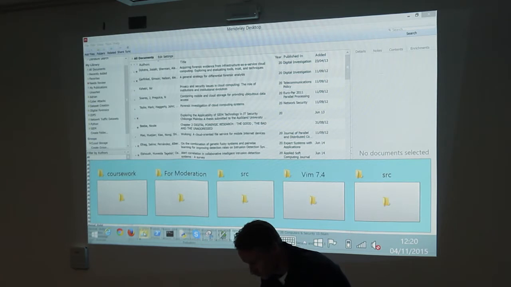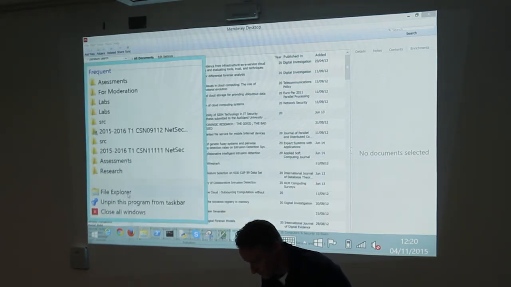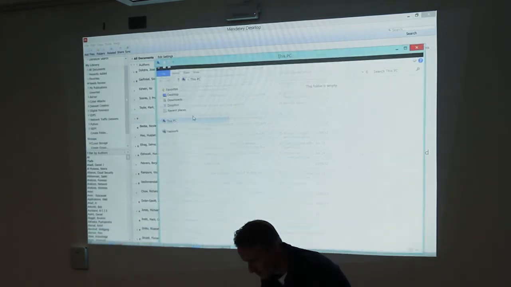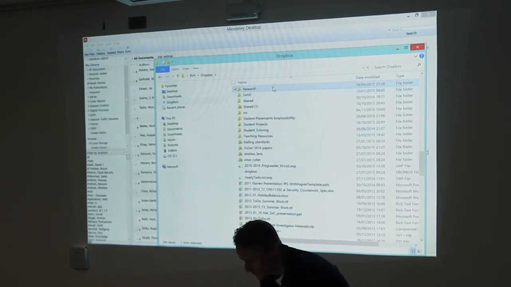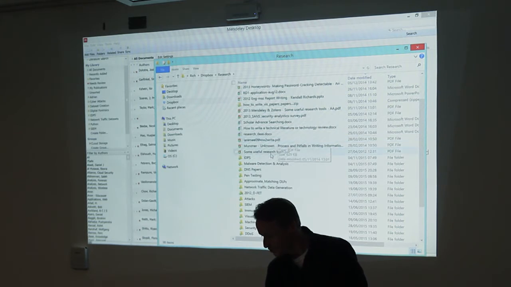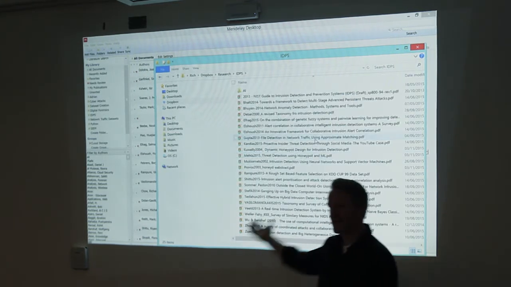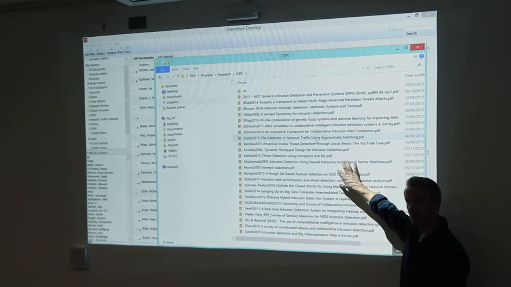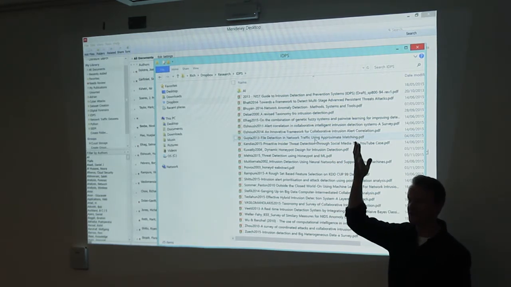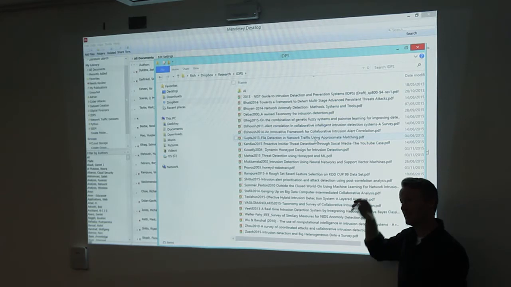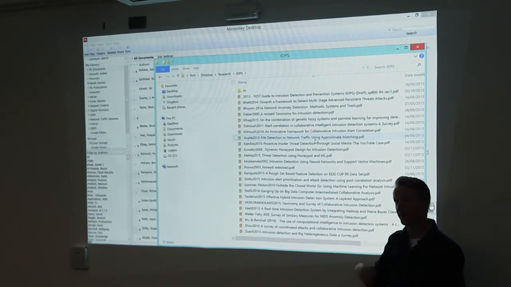Let's get a new one. Okay, so for example, there's some stuff in here. There are some IDS references here, and I can just point Mendeley at this folder, and it will pick up all the PDFs and try to take out the appropriate authors and title and things like that.